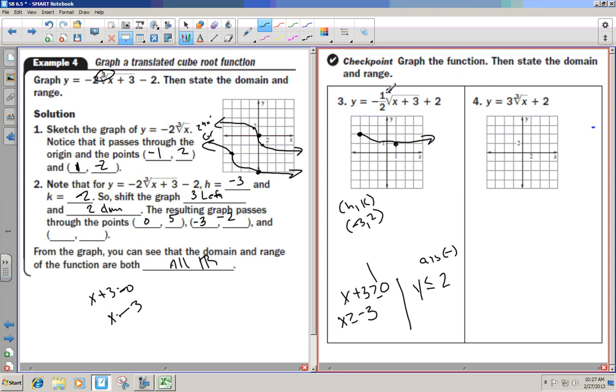Square roots are easier to graph, but harder to find the domain. Cube roots are easy to find the domain and range because it's just all reals, but graphing it can be a little tougher. They all share the point hk in common. So here, h is 1, k is 2.